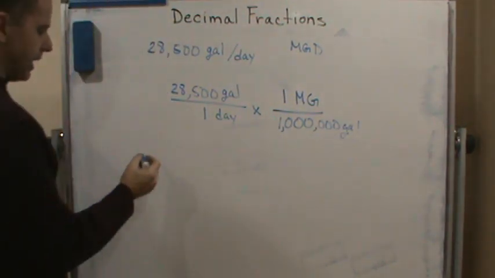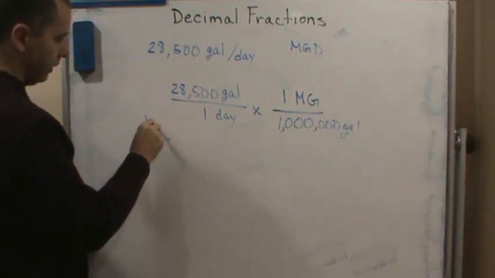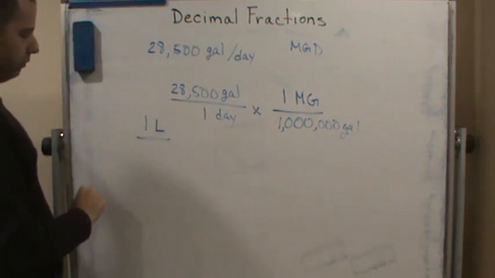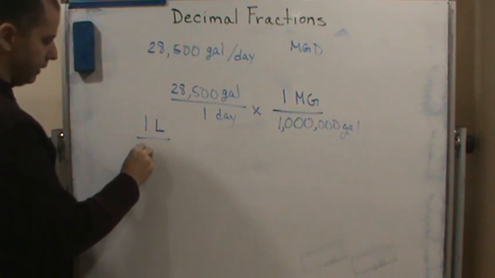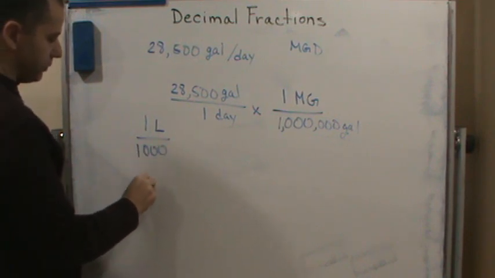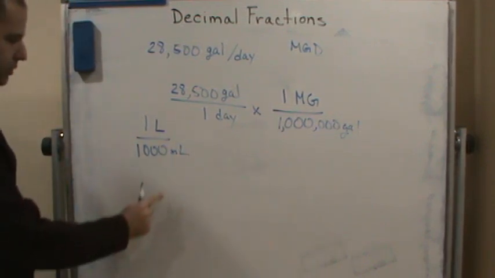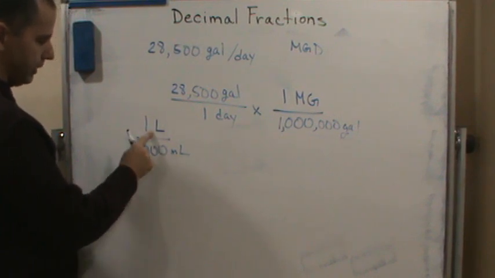Just like if I compare 1 liter is equal to 1,000 milliliters, right? So I'm just comparing units. 1,000 milliliters is equivalent to 1 liter.